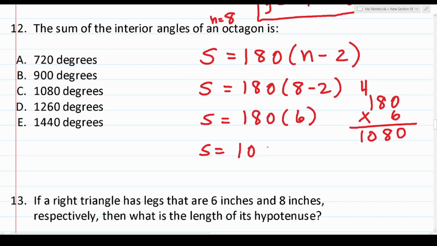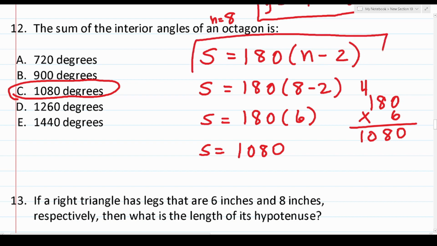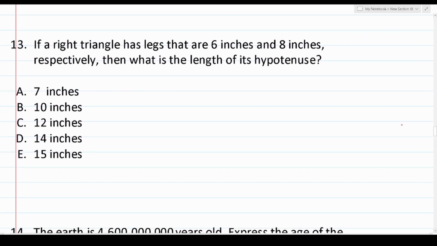So we can see that the sum of the interior angles of an octagon is 1080 degrees, which is C. Okay, this is a very good formula to know. You might see it on the ASVAB, you might not. Sometimes they throw this question in there, sometimes they don't.